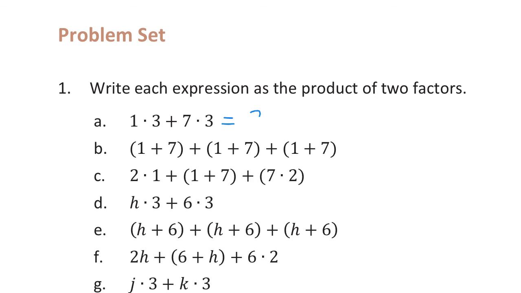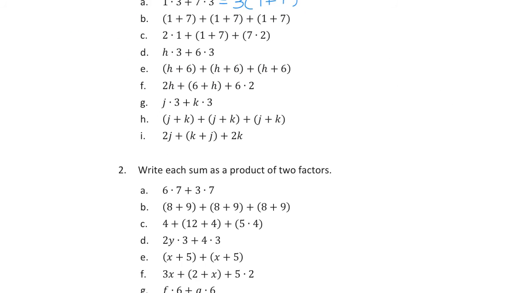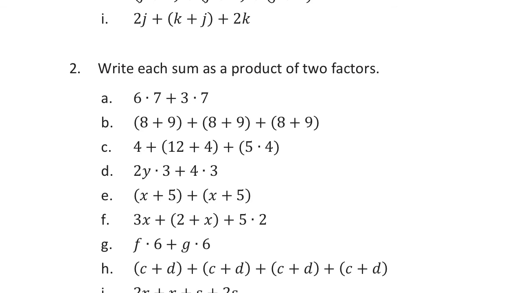So this is equal to 3 times the sum of 1 plus 7. Okay, so I'm factoring out. Now on problem 2 with the different parts, asking us to write it as the product of the sum of two factors. So 7 times 6 plus 3. Okay, all right, go ahead and continue on your own.